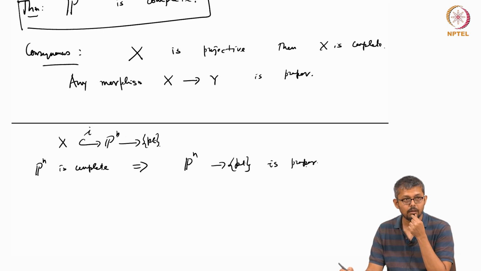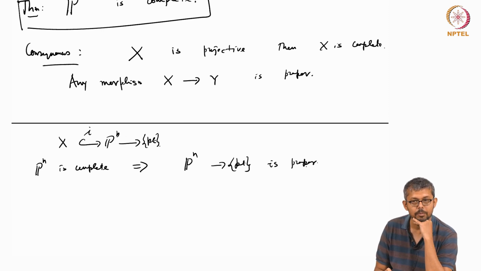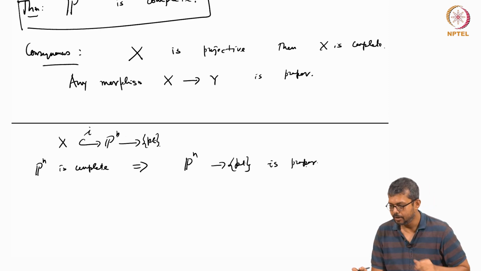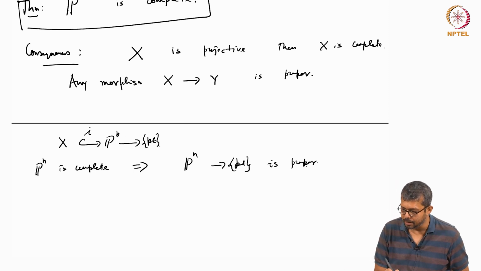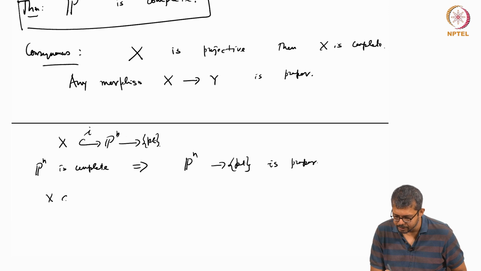Right? What do you mean by proper? Proper means that Pn cross Z to Z, that map is closed. Now, what do you mean by complete? Pn is complete means this Pn cross Z to Z, that second projection, is proper. That is exactly the definition of completeness. So this map from Pn is proper. Now the inclusion, the closed immersion X to Pn, is proper.